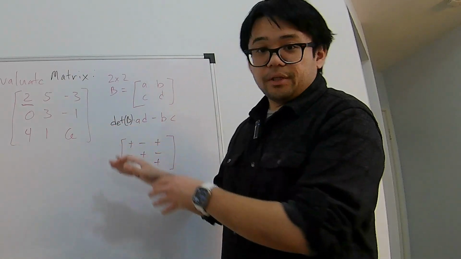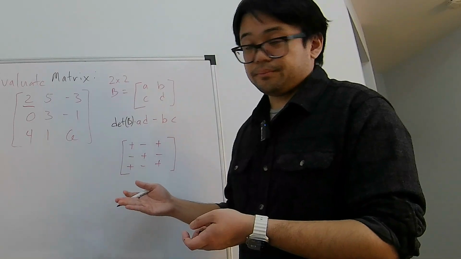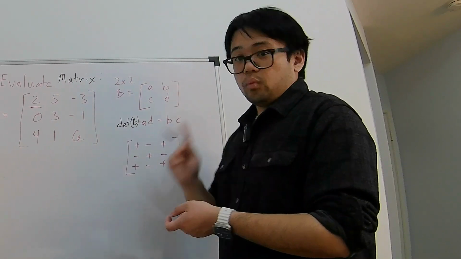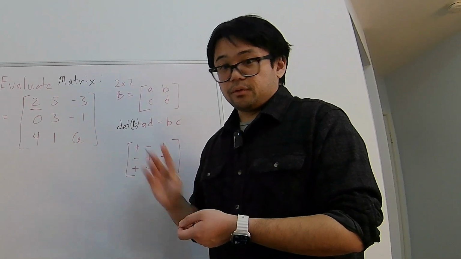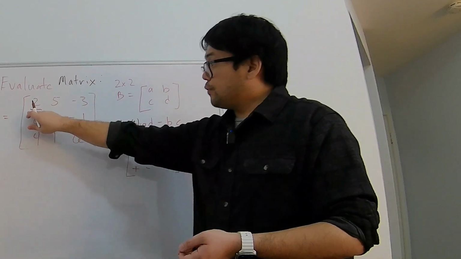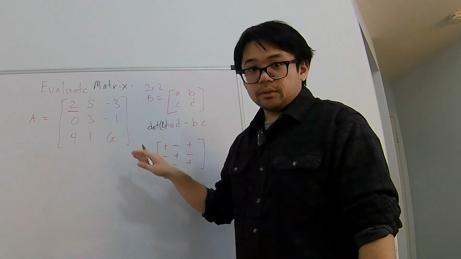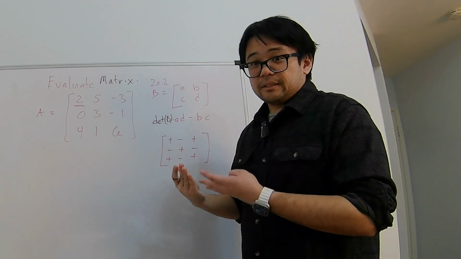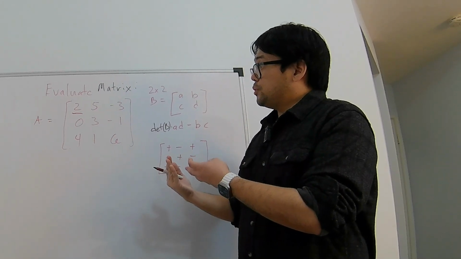In this case, the minor matrices are 2 by 2 matrices. So one way to take the determinant of a 3 by 3 matrix is you look at the first row of your 3 by 3 matrix. Typically, this is done when you're just being introduced to matrices.